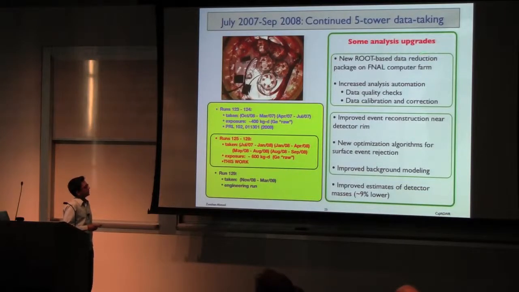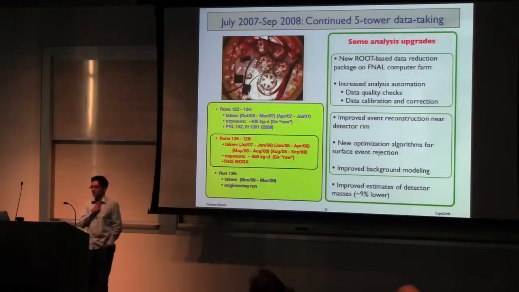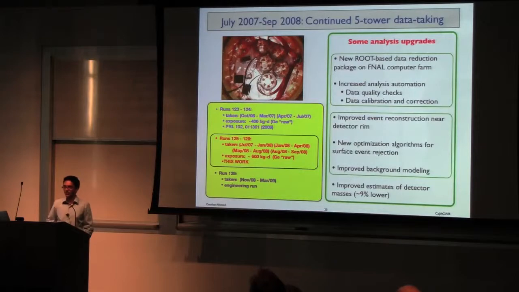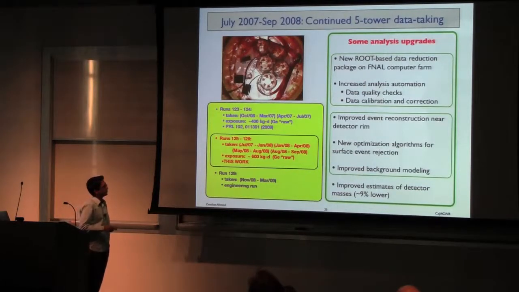So mostly it was more streamlined and automated software to deal with large amounts of data. A lot of automated quality checks. I think we realized in the last analysis that we spent a lot of time individually picking out data sets and throwing them away. So we have some nice tools that automatically do KS tests, monitor neutralization, and throw away data sets that we would reject ourselves. And improved background modeling, and I'll talk about that a little later.